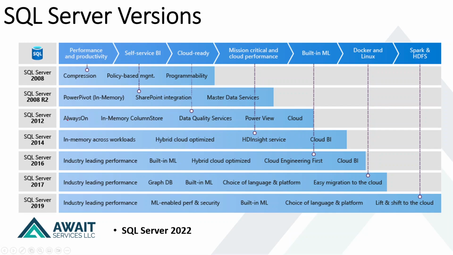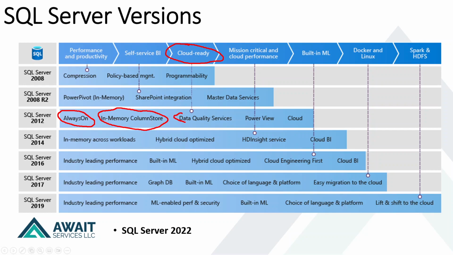In 2012, the version brought cloud-ready features to the clients. Then we had this feature known as Always On, which we're going to talk more about during the bootcamp. Then there's in-memory column store, which has to do with indexing.